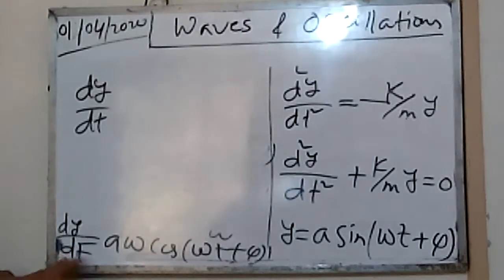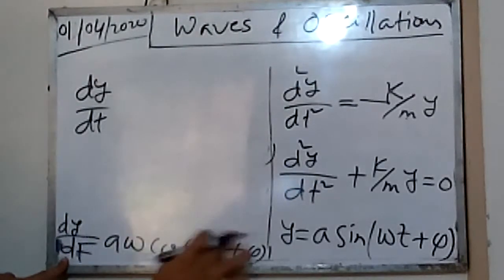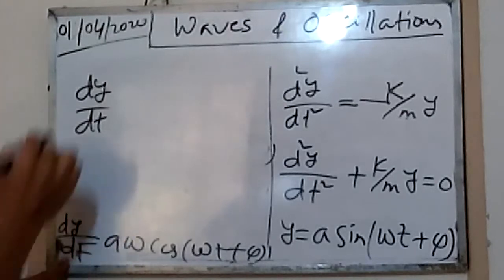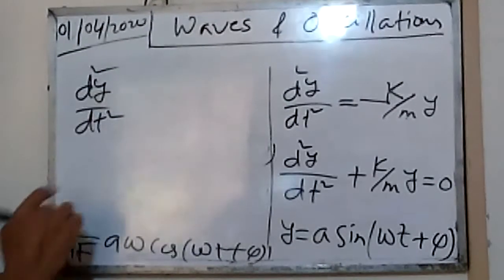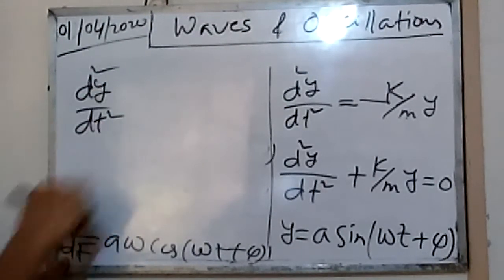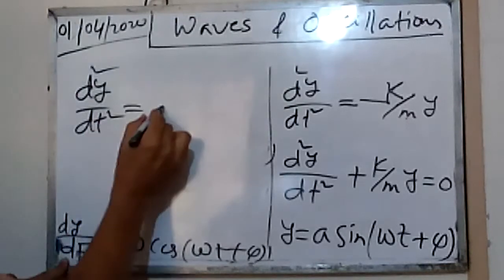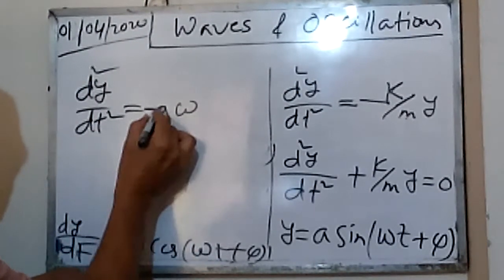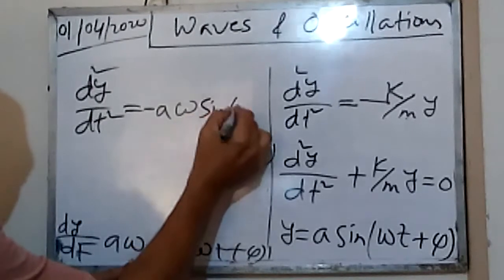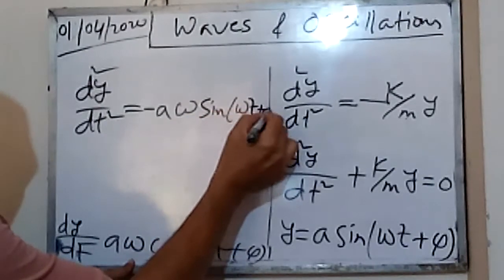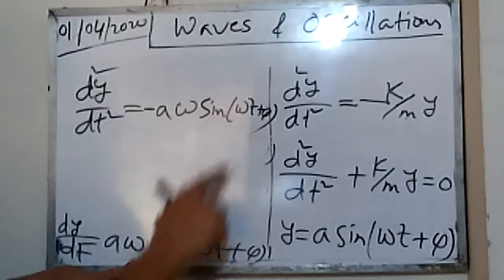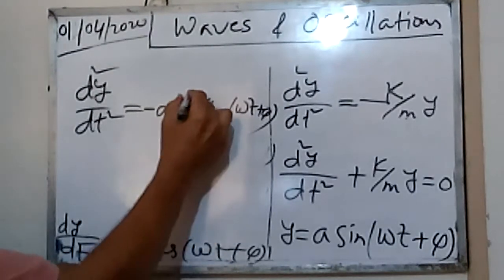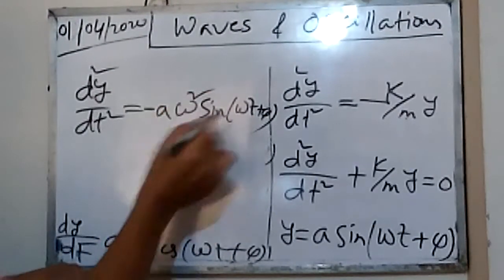Now we differentiate this equation one more time, so then d square y by dt square equal to a omega times minus sine omega t plus phi, and we will get another omega, and this will be omega square.